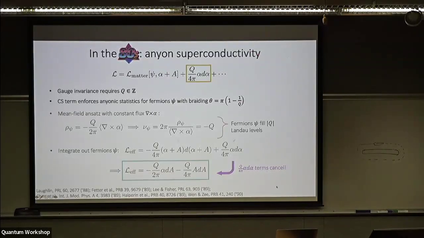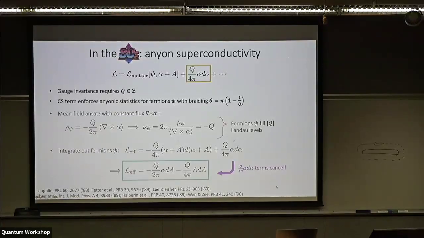Gauge invariance requires that Q be an integer, of course. And what this Chern-Simons term is doing is enforcing anyonic statistics for these fermions. So they braid with this phase here, as opposed to regular braiding.